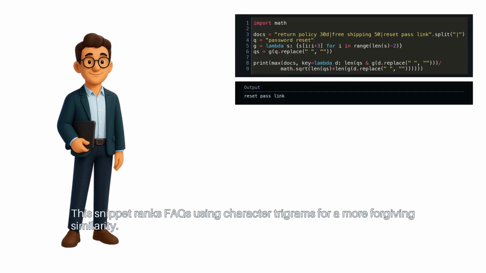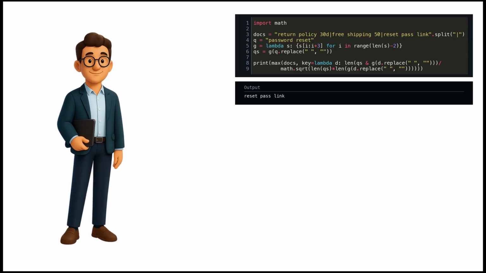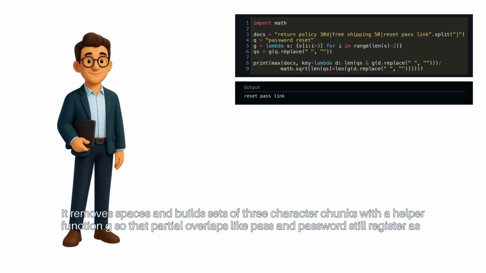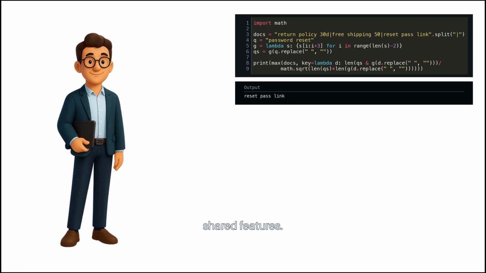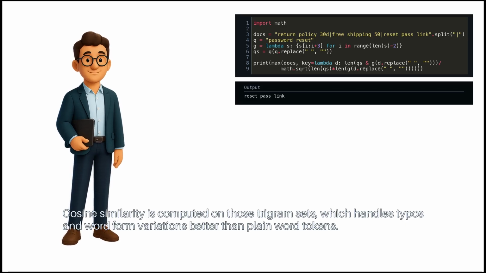This snippet ranks FAQs using character trigrams for a more forgiving similarity. It removes spaces and builds sets of 3 character chunks with a helper function g, so that partial overlaps like pass and password still register as shared features. Cosine similarity is computed on those trigram sets, which handles typos and word form variations better than plain word tokens.